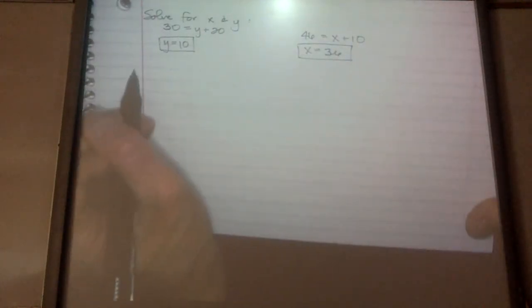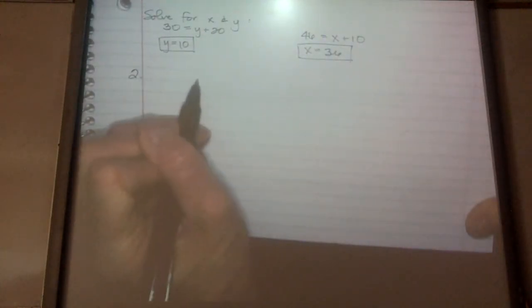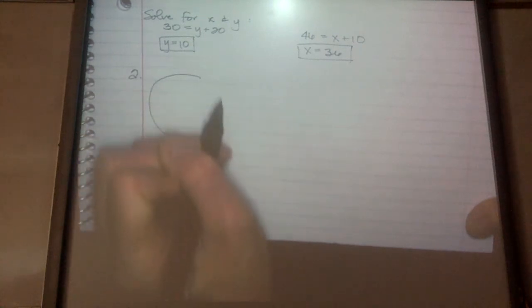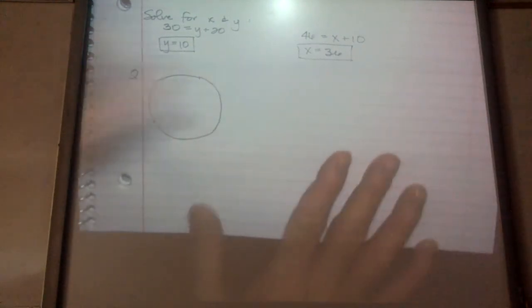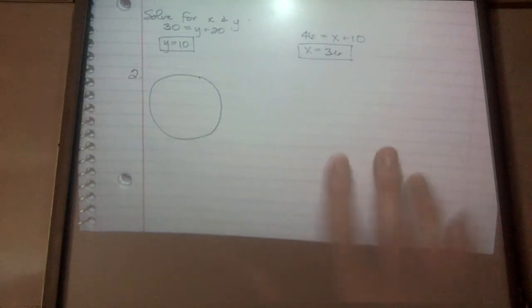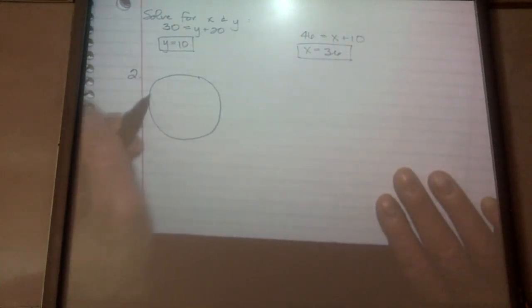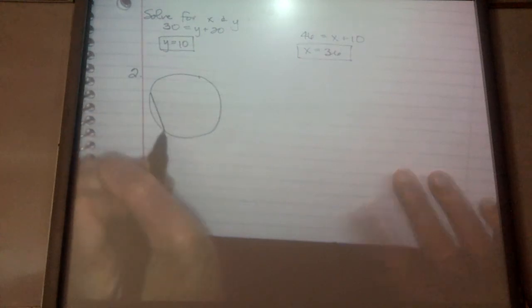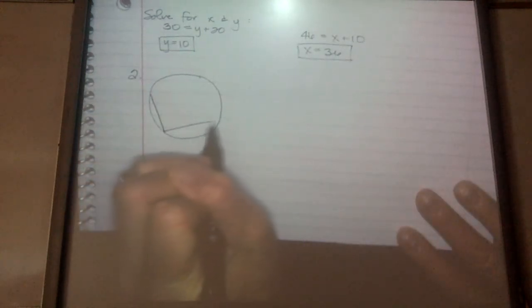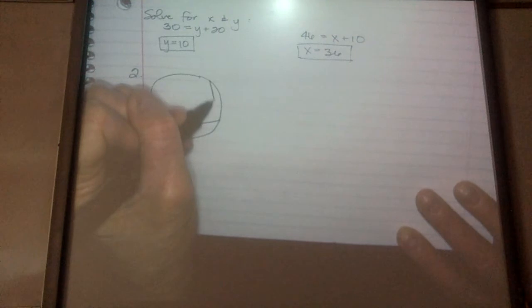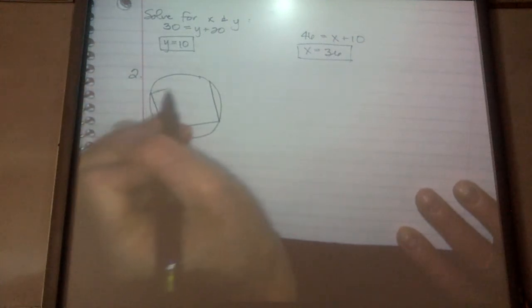So we're going to try another one. And this one, I'm going to try to recreate the drawing that I drew at home. I'm going to inscribe a quadrilateral inside this circle. And notice it touches the edge of the circle.